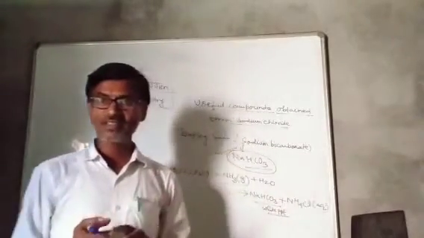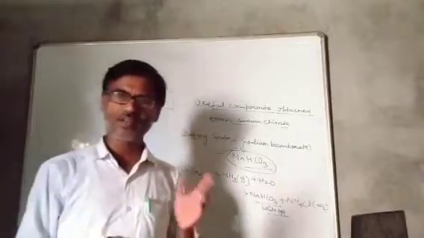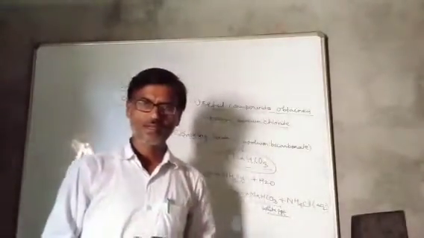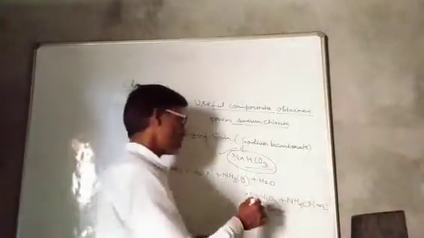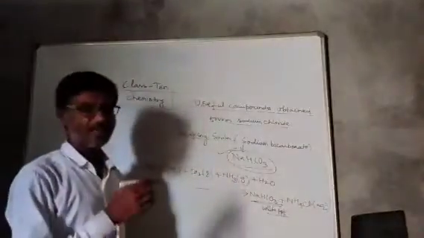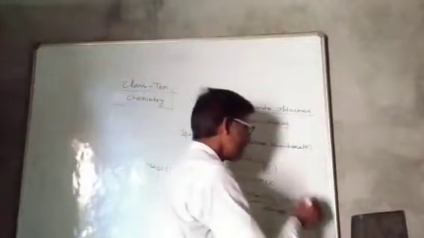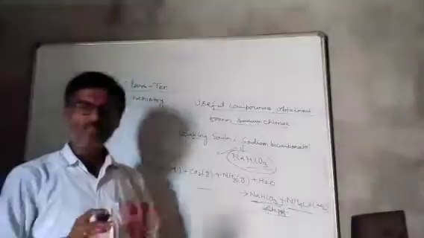This solution is reacted with ammonia and carbon dioxide. By chemical reaction, baking soda, sodium hydrogen carbonate, and ammonium chloride are formed as products.